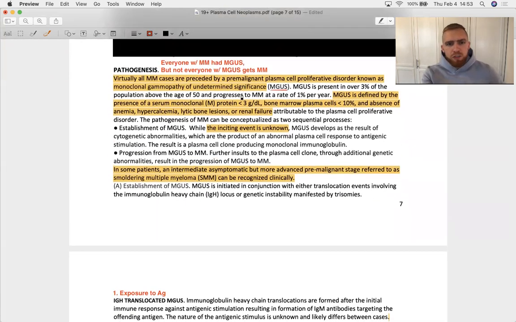The pathogenesis. So virtually all multiple myeloma cases are preceded by MGUS. Everyone with multiple myeloma gets MGUS, but not everyone with MGUS gets multiple myeloma. So MGUS is defined as you have M protein, there is a monoclonal protein, but it's of a pretty low concentration. And there are clonal plasma cells in the bone marrow, but it's less than 10% cellularity.